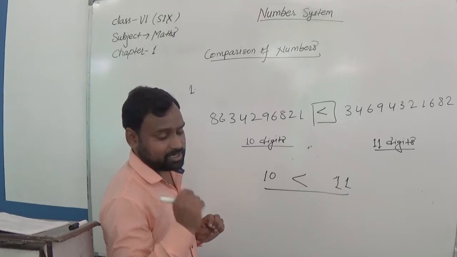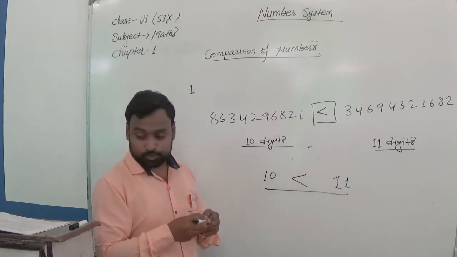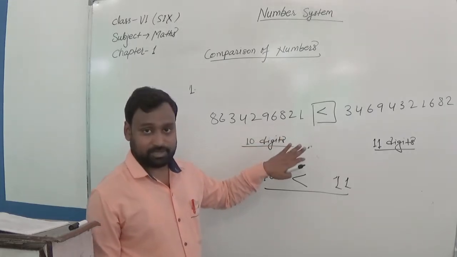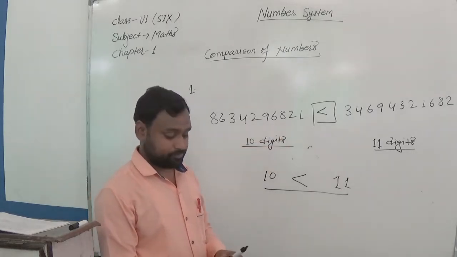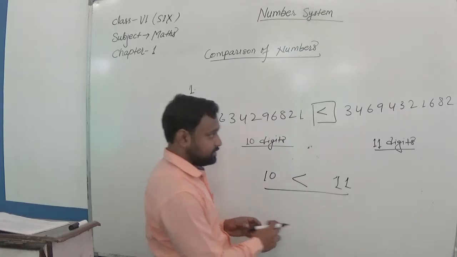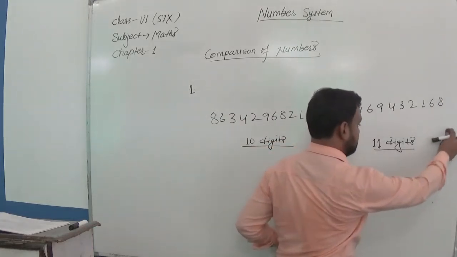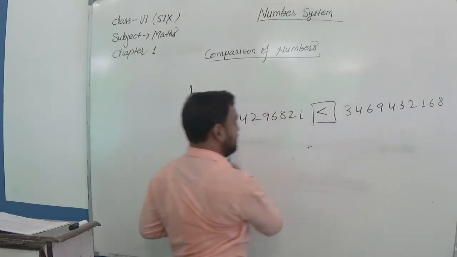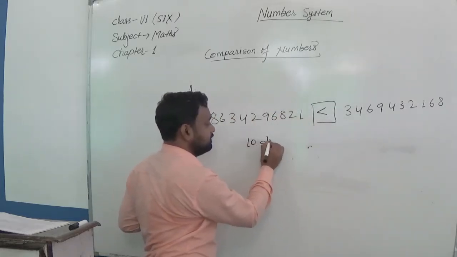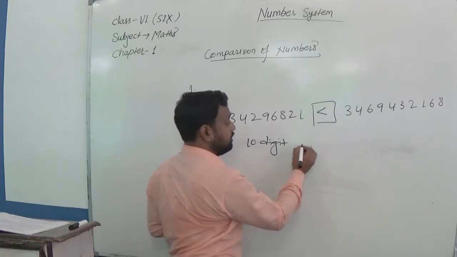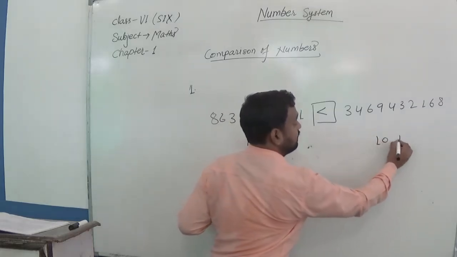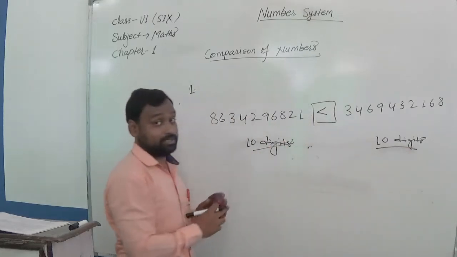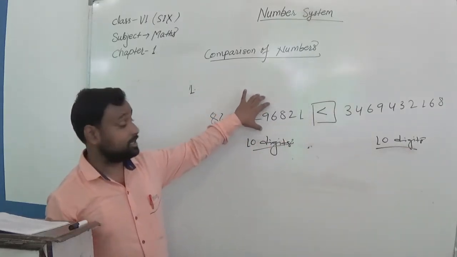One thing. Second thing, suppose we have the same number of digits. If there are different numbers of digits, in that case we can easily compare. And when we have the same number of digits, like 10 digits here and 10 digits here, both sides have the same number of digits.